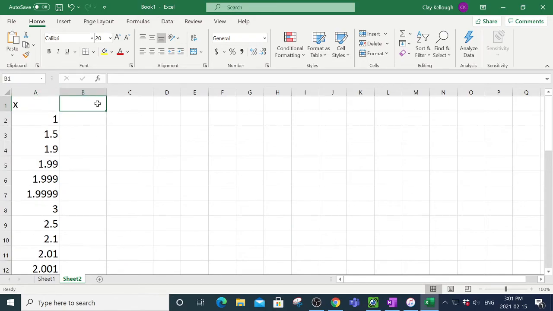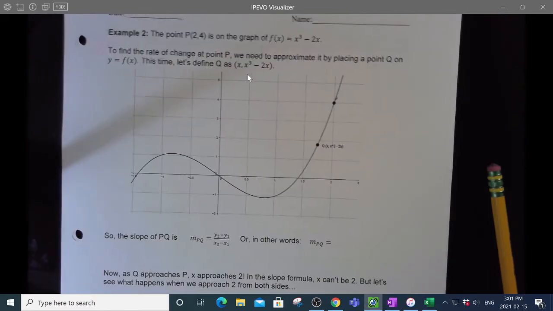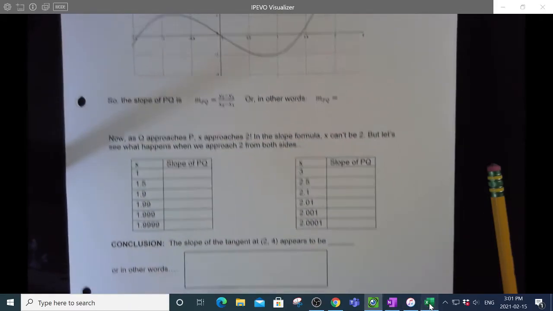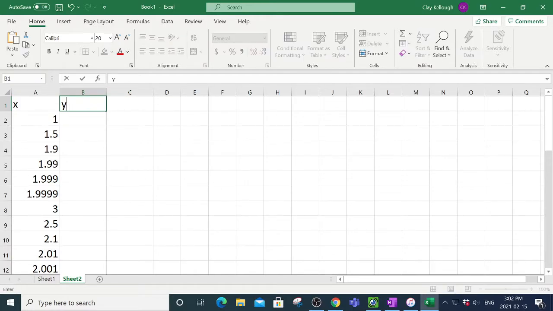Okay, the y values now are going to be from this formula here, which is x cubed minus 2x. So we're going to type that in. So my y values here are equal to x, and this is the first x I want, right? A2. And I want cubed, so I go shift 6, which gets me the little hat, and then power of 3.